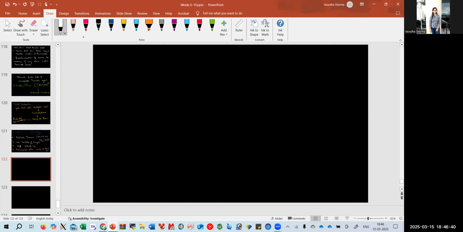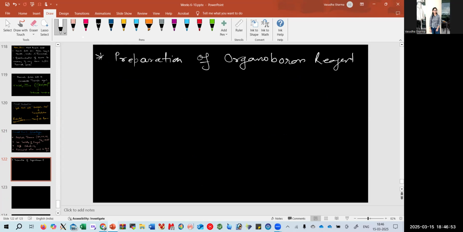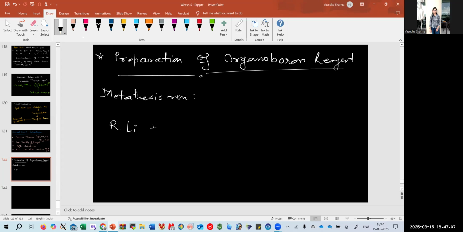So here is one important topic, which is the preparation of organoboron reagent. So it's basically a metathesis reaction. Here you have an RLi and you have a isopropoxide borate.